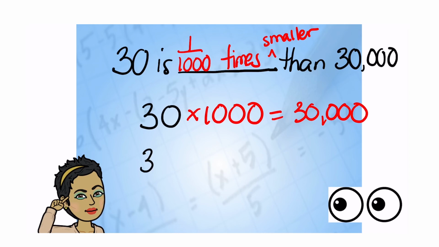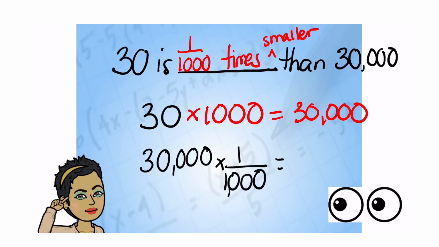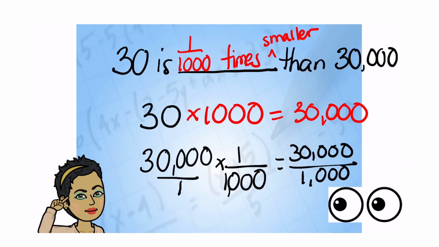But if I took 30,000 and I multiplied it by 1,000ths, I'm going to get 30,000 over 1,000. And this is how many thousands go into 30,000? 30.